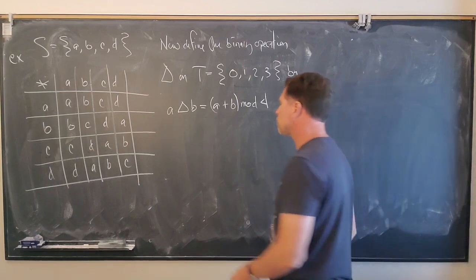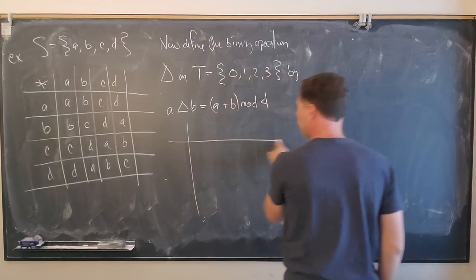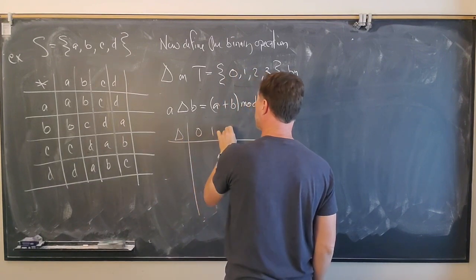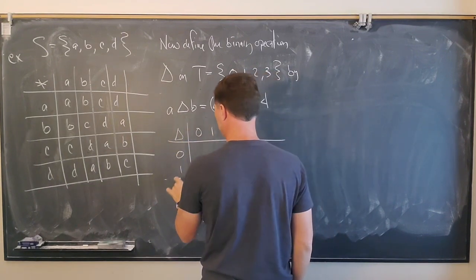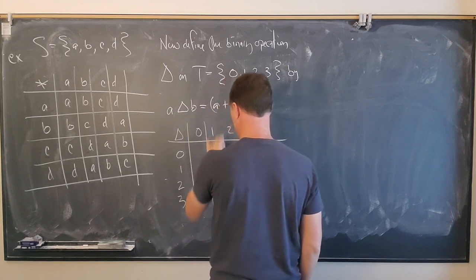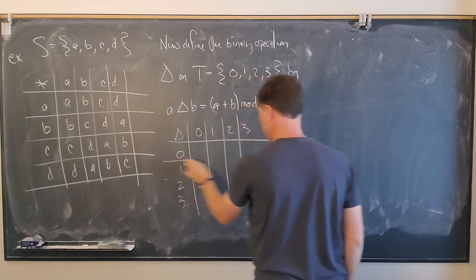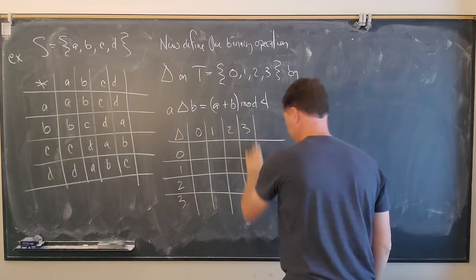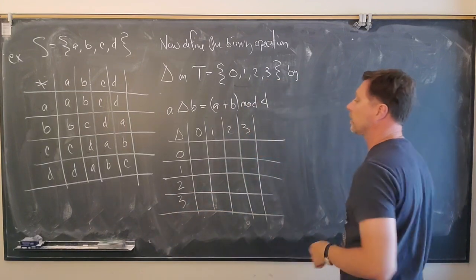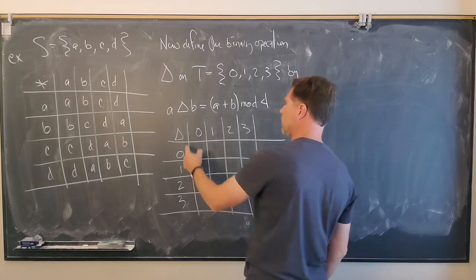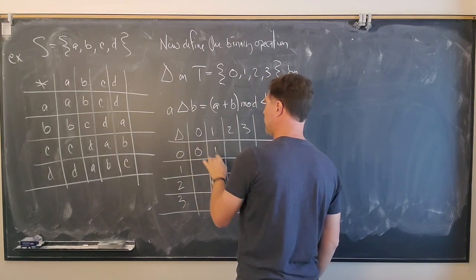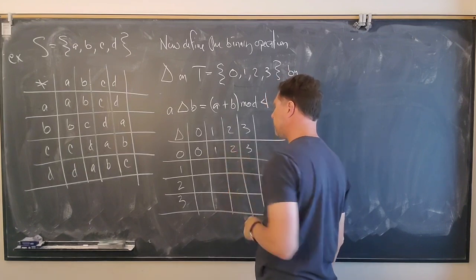So now let's draw the table corresponding to triangle, and now we've got the numbers 0, 1, 2, 3, 0, 1, 2, 3. Okay, so we need to fill out all the entries here. So let's see, 0 triangle 0 is 0, 0 triangle 1 is 1, and then we'll get a 2, then we'll get a 3.